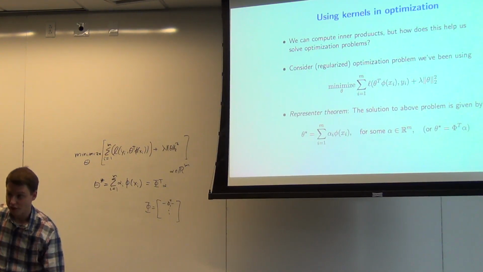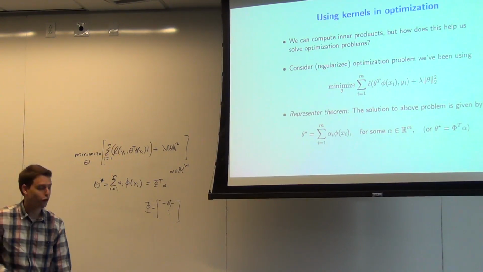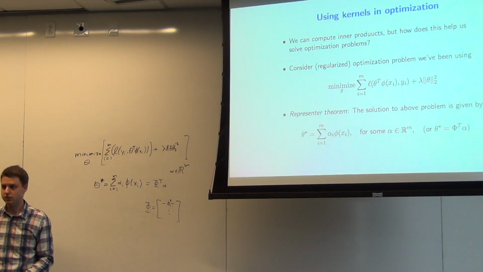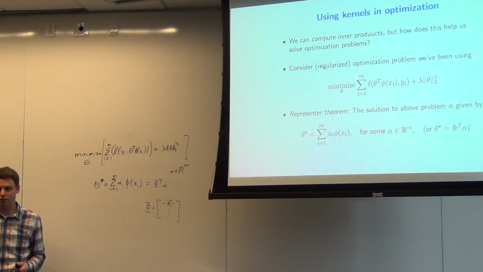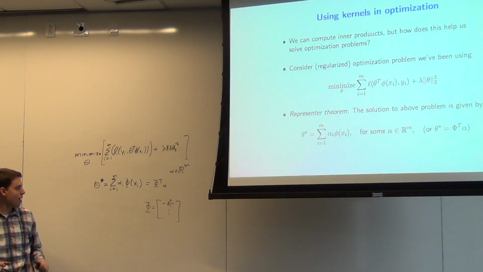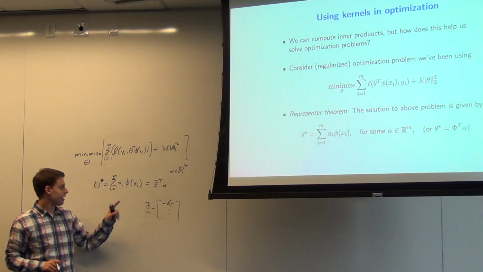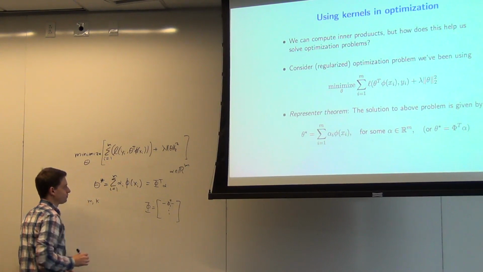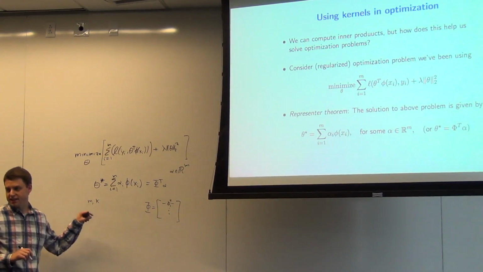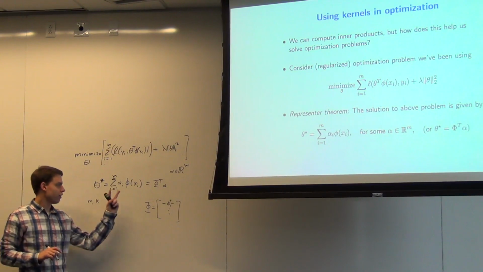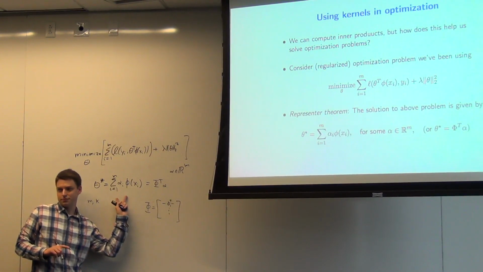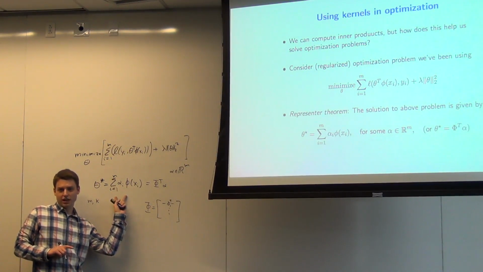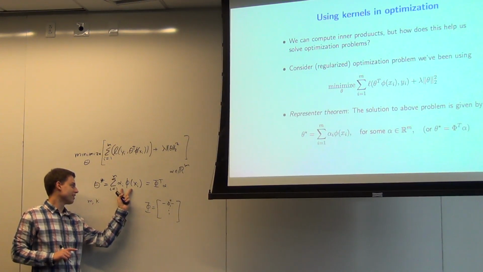That's the fact we're going to use, and that's what makes all this possible: we can write our solution as some linear combination of these things. I should also say, we have two dimensions of interest here, m and k. If k is less than m, this is obviously true, because any vector can be represented in R^k.